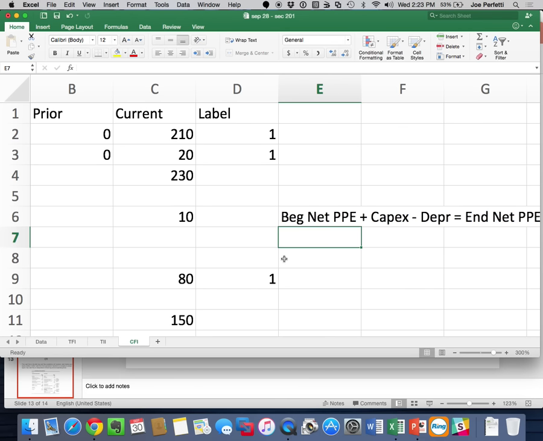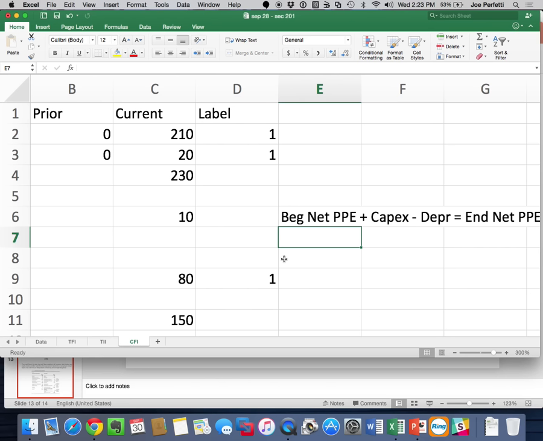All right, that's just accounting 101. So I start with some plant, I add the dollar value of the new plant, I take out the current year's depreciation, and then whatever's left will be my new net PP&E balance the following period. Okay, that's just how I would get from one period to the next, just math.